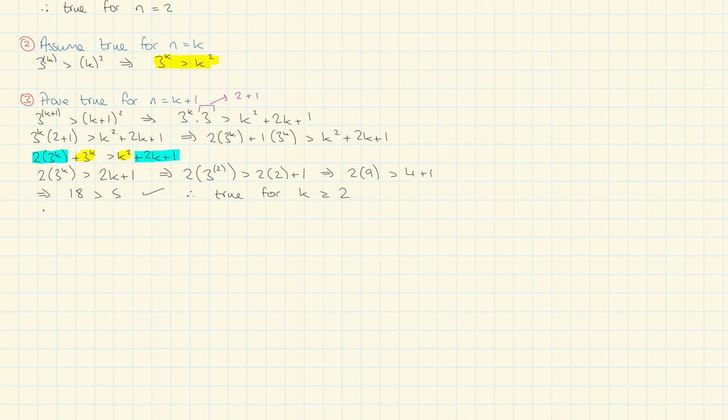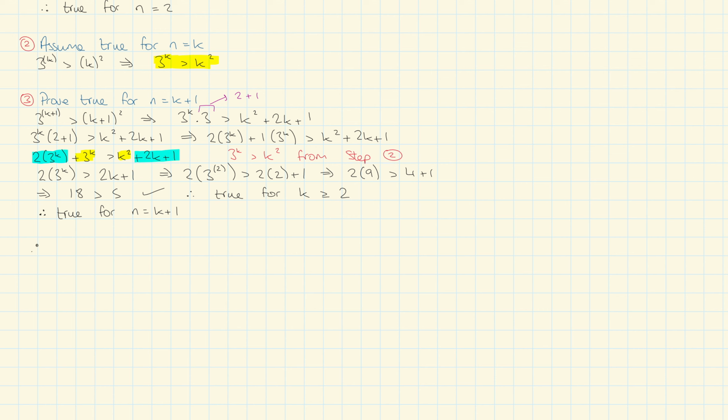And our last statement for step 3, we're going to say therefore true for n equals k plus 1. Just what happened here was we had 3 to the power k is greater than k squared from step 2.